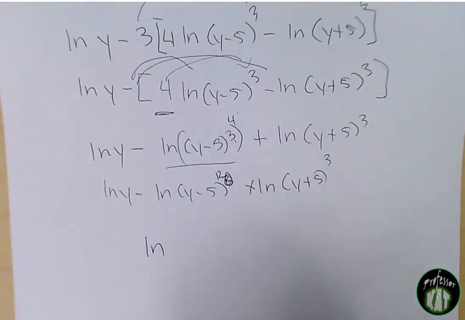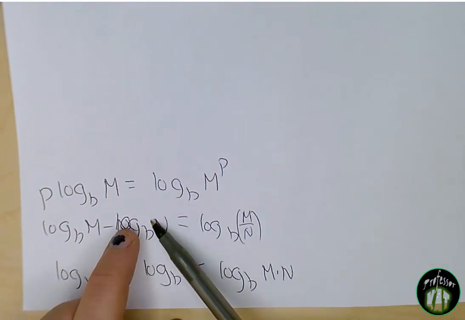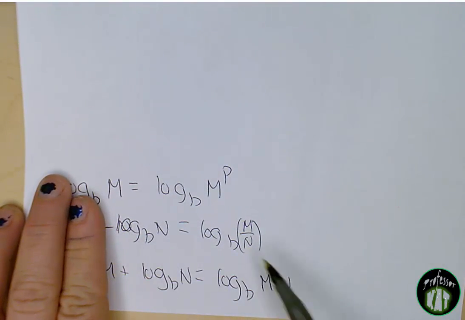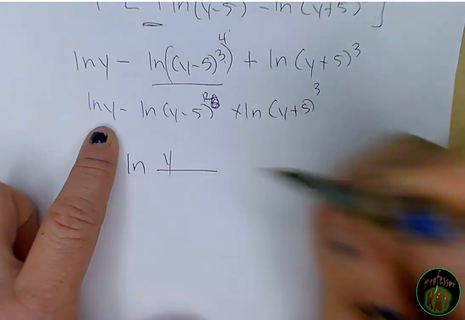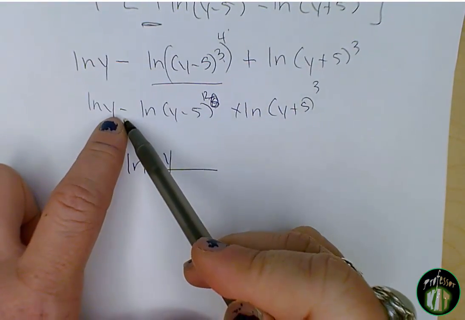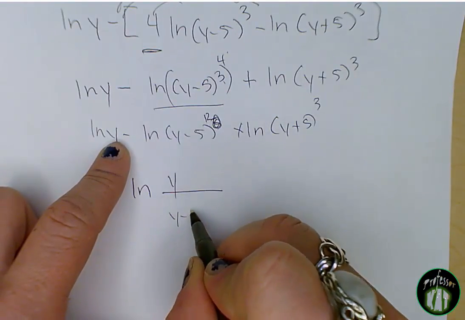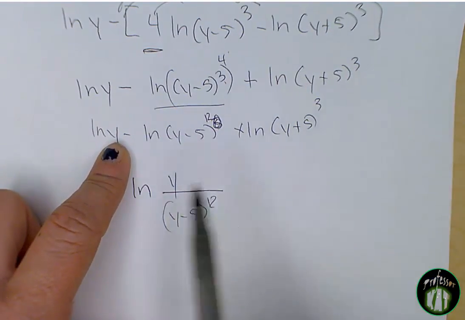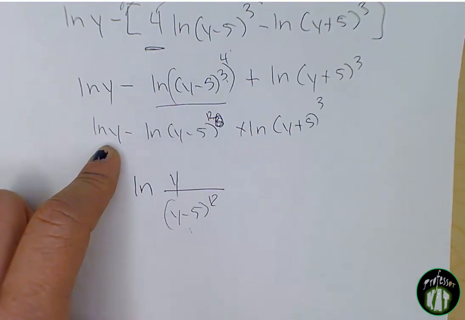Anything that is positive is going to belong in the numerator of our fraction. Anything that is negative is going to belong in the denominator of our fraction here. So this ln of y is positive, so y should go up top. This minus, this ln of y minus 5 to the 12th, means that this y minus 5 to the 12th is going to go in our denominator because of that subtraction symbol. Again, subtraction means we're dividing that.